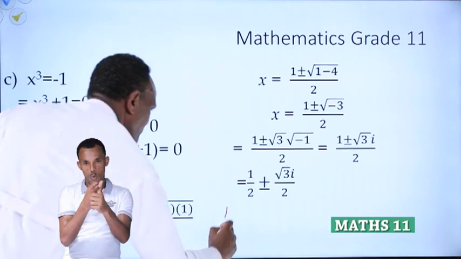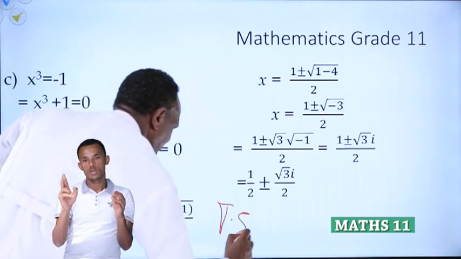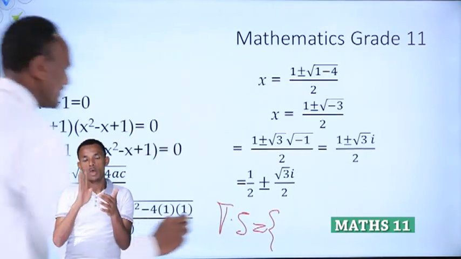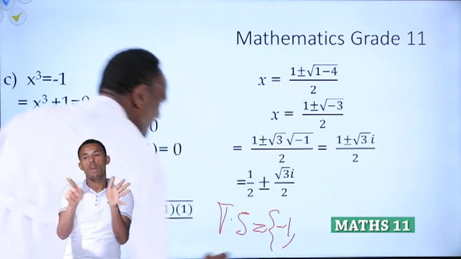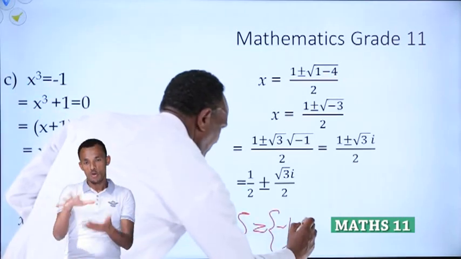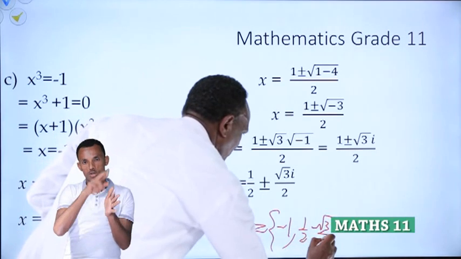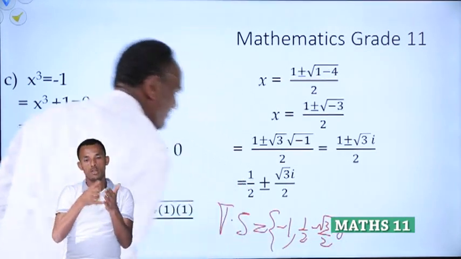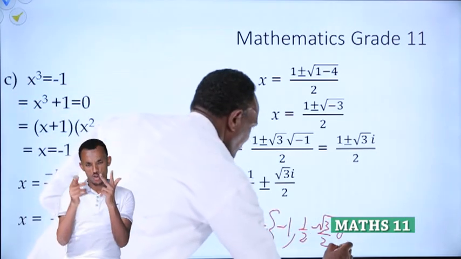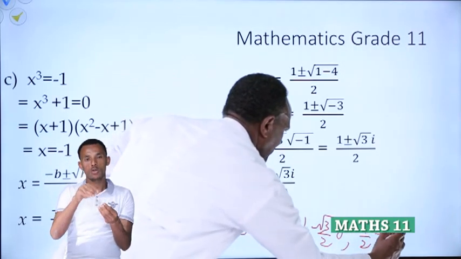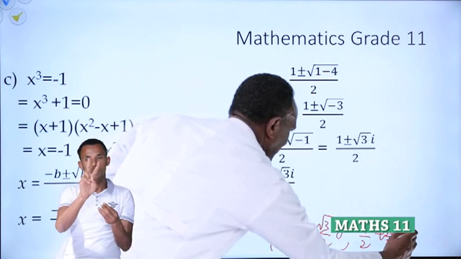The solution set of this cubic equation is: the real solution, negative 1; the complex solution, 1 over 2 minus root 3 over 2 i, which is a complex number; and the third solution, 1 over 2 plus root 3 over 2 i.